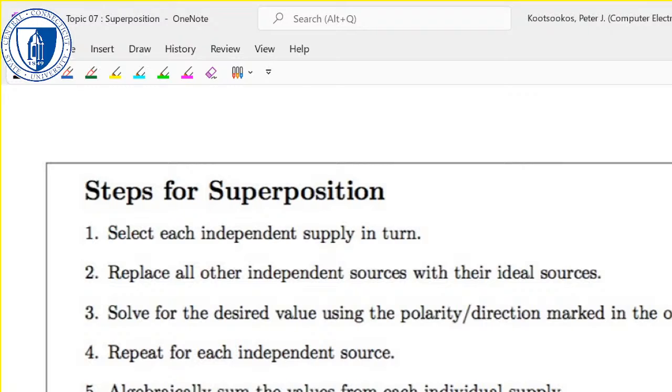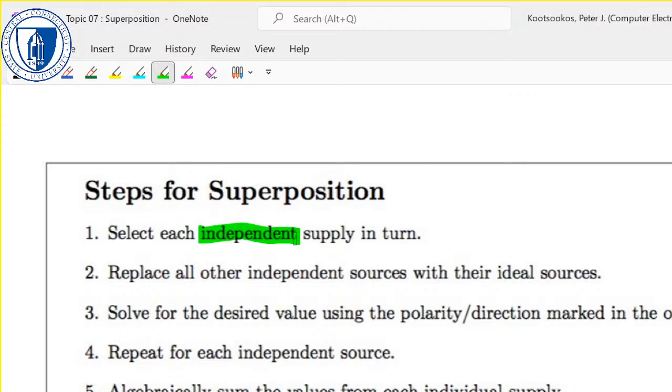Right? And so that's why it starts off with select each independent source. It needs to be independent. If there's a dependent source, one of those diamonds, that always stays in the circuit. If it's a battery or a round source, that's an independent source.